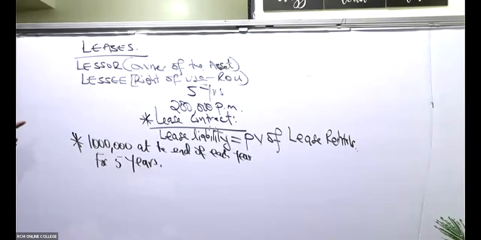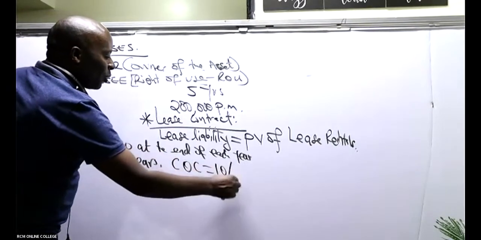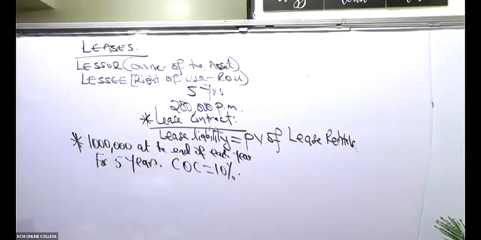So in this case, the lease rental is 1 million shillings every year, at the end of each year, for how many years? For 5 years. And then they have given us the COC, the cost of capital, as what percentage there? Top of 10%.